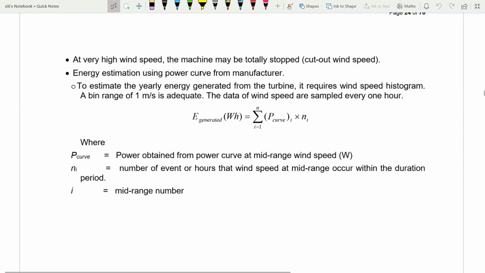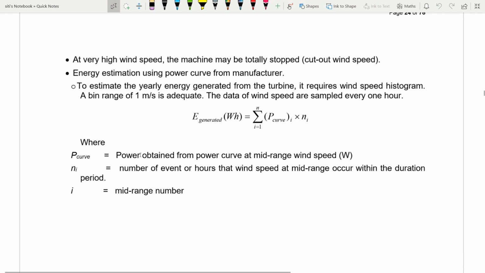Energy estimation using the power curve from the manufacturer is used to estimate the yearly energy generated by the turbine. It requires a wind speed histogram. A bin range of 1 meter per second is adequate. So this is the bin range of the wind speed. The data of wind speed are sampled every 1 hour. So energy generated equals the sum of power multiplied by number of events in hours.